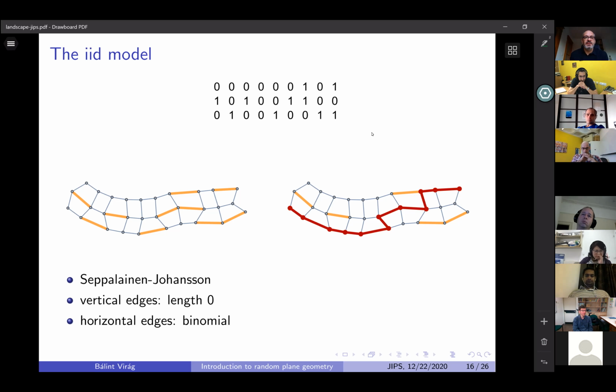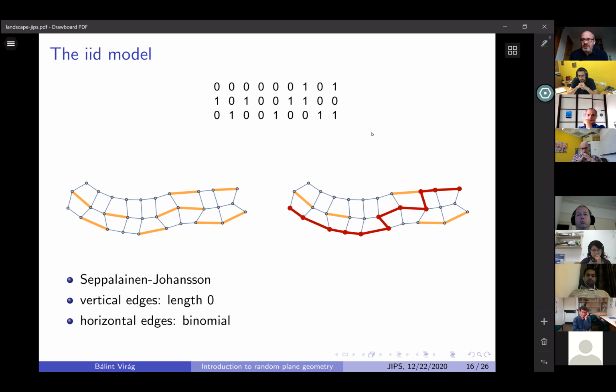But let's just look at the IID model, where for each horizontal edge I flip a fair coin and make it thick or thin according to the outcome of that coin. So all the long edges have length 1, and all the short edges and the vertical edges have length 0.